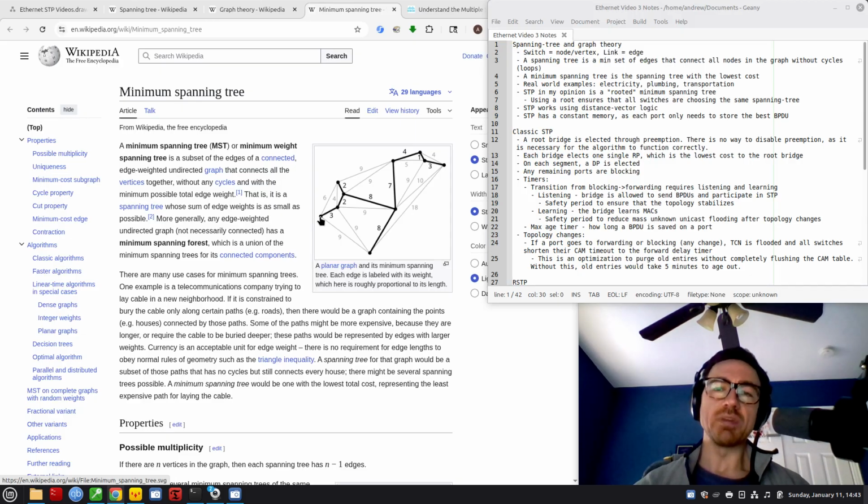But the problem with this is that as you add more switches to the topology, the memory usage of holding the link state database increases. And one of the requirements for Radia when she was developing this algorithm to solve this problem of layer 2 loops was that what she developed had a constant memory space.